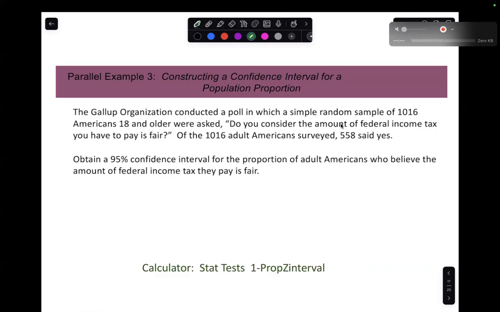First thing is your p hat. I have approximately 0.55. That's my p hat.